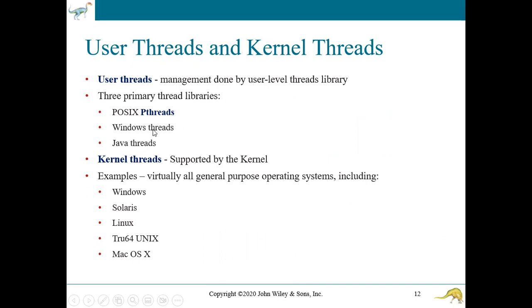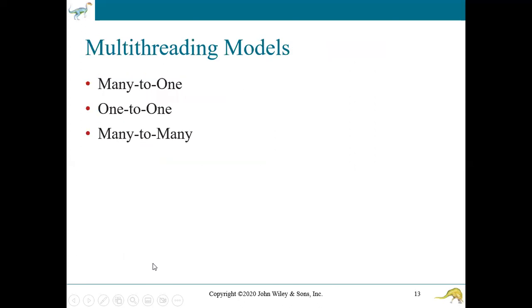Several operating systems support these: Windows, Solaris, Linux, Tru64, plenty of Unix variants, and Mac OS. When you are assigning tasks, multiple user threads can be assigned to one kernel thread. One kernel thread means like one core.